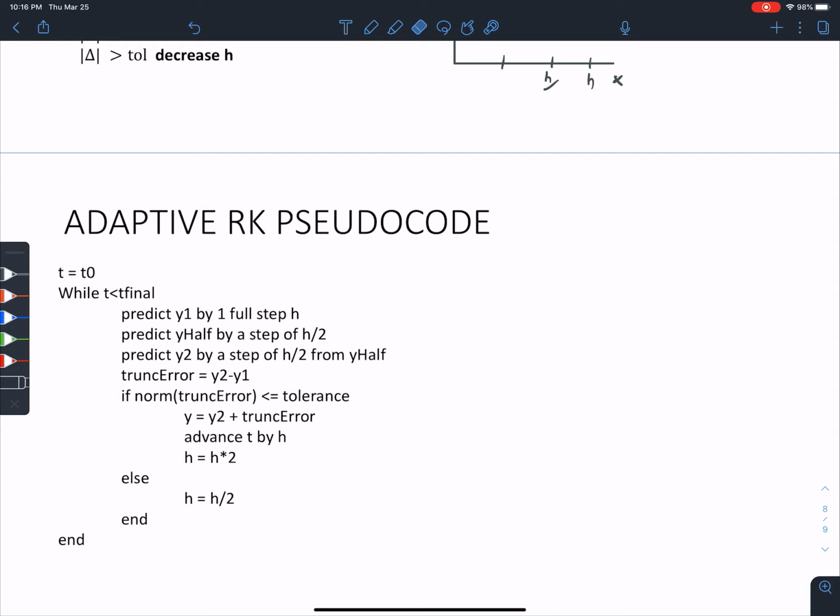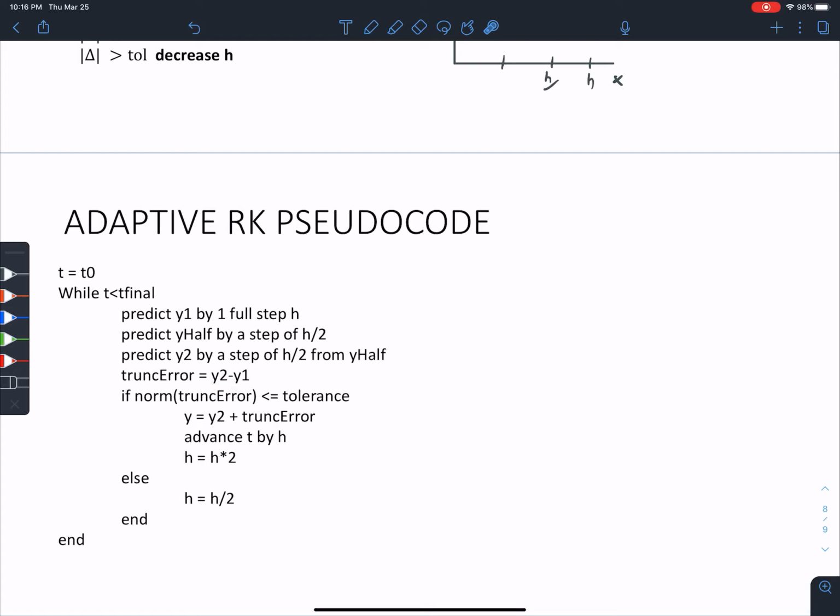So we start by taking one full step h here, right? And we compute y1, and we predict y half by a step of h over 2, and predict y2 by a step h over 2 from that y half again, right? And then we compute this delta, this truncation error, or the error between using 2 small time steps and 1 big time step.